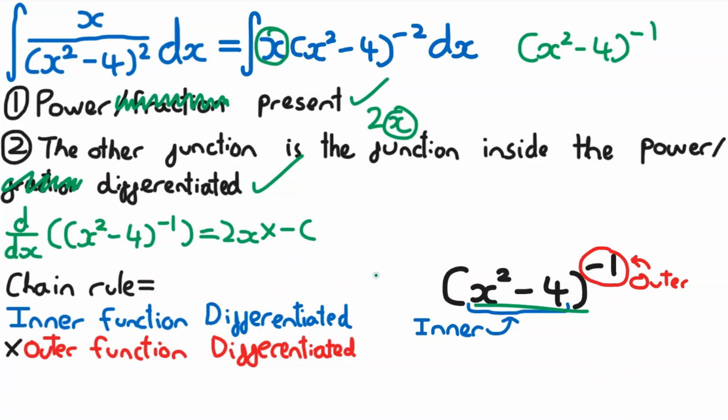Remember, this x squared minus 4 just stays the same, and now it's going to be to the power of minus 1 minus 1, which is going to be minus 2, like this here.